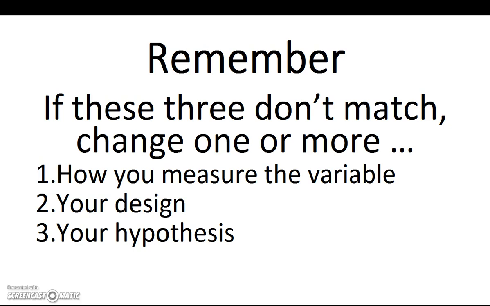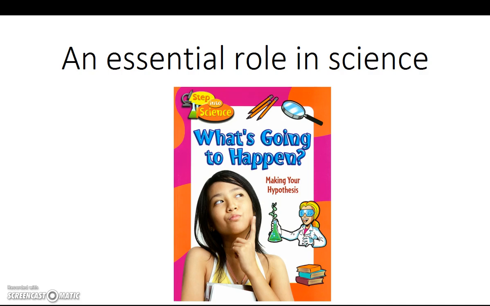You either have to change how you measure the variable, change your research design, or change your hypothesis. That's what a hypothesis is, a statement of what's going to happen, and it has an essential role in science.